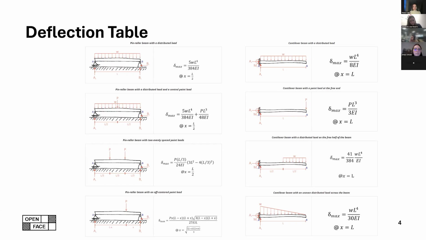We have different load cases, and these represent the loads mainly appearing in facades, which are mainly wind, shown here as a uniformly distributed load, W, and single loads, shown here by P. As you see, the maximum deflection always depends on the load, on the span, on the material, which is described by the Young's modulus, and on the geometry, which is described by the I.